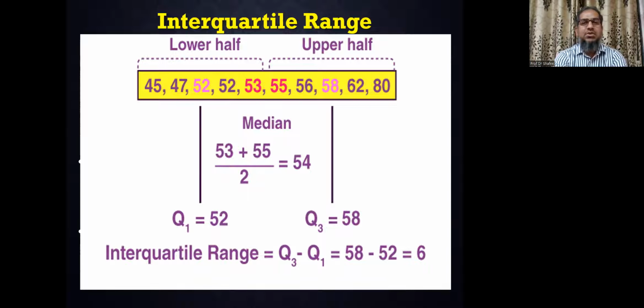So in this case, Q3 minus Q1 is equal to 58 minus 52. Like this, we can calculate the interquartile range. You need to find the median for each half, and then take the difference, Q3 minus Q1.